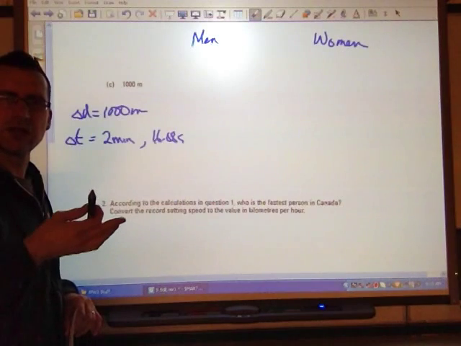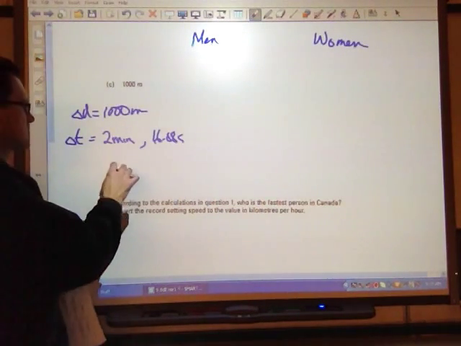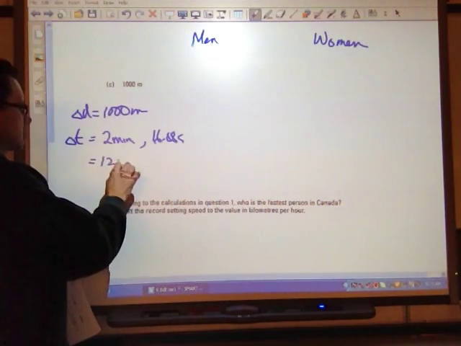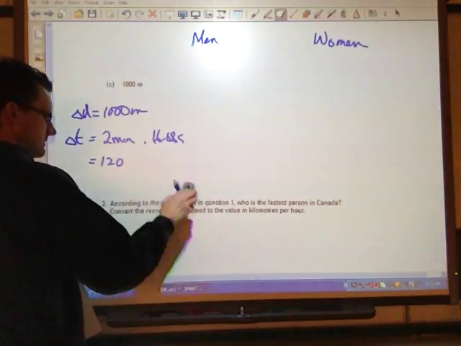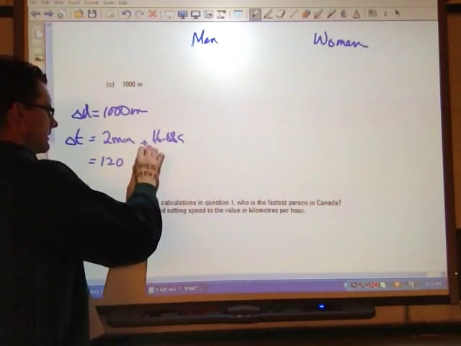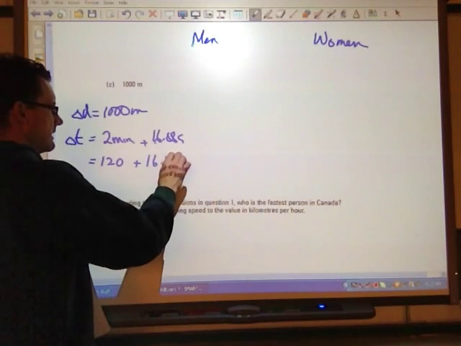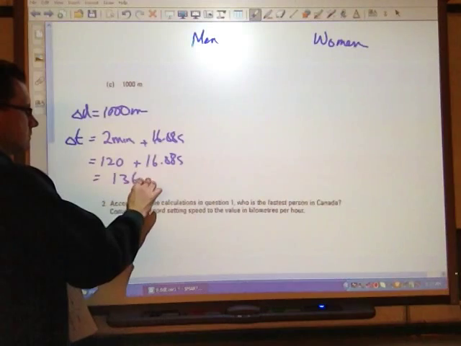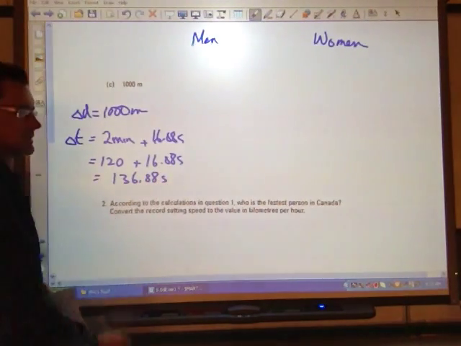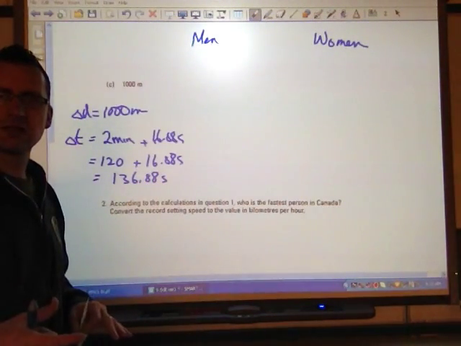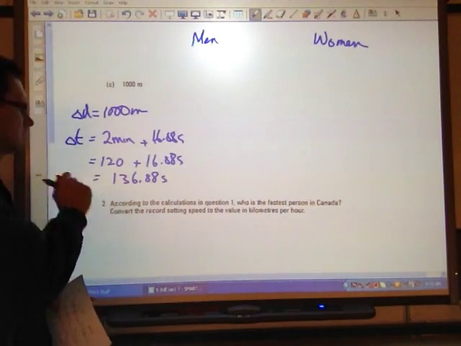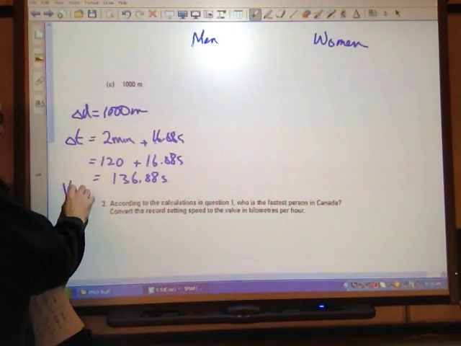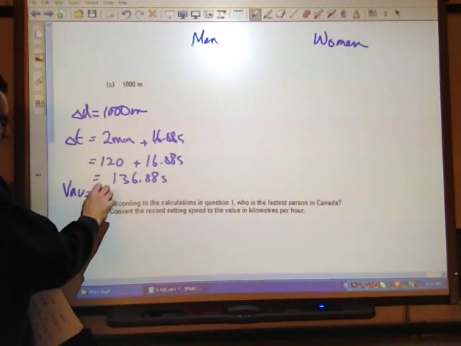Of course, 1 minute is 60 seconds, so 2 minutes is 120 seconds. I'll change this to plus here, plus 16.88 seconds. So in total, that works out to be 136.88 seconds for time. Combine that minute unit and the seconds unit into seconds entirely. And then, of course, V average is what we're asked to find there.